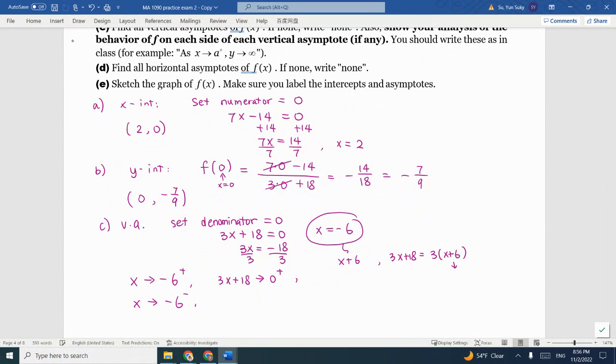So x plus 6 will go to 0 plus, and 3 times 0 plus is 0 plus. That's why 3x plus 18 still goes to 0 plus.